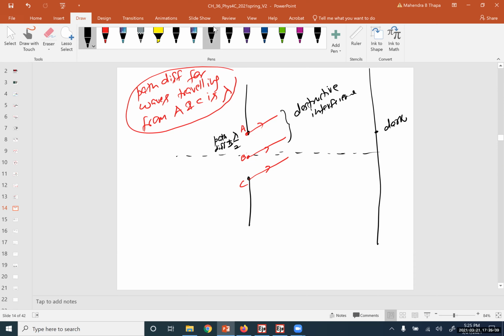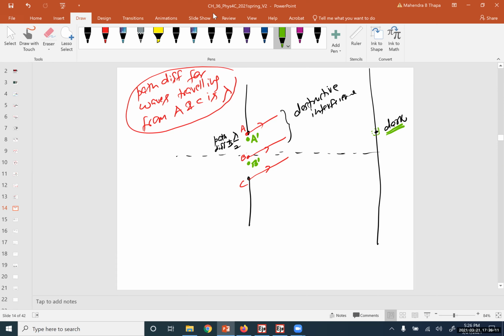Similarly, if we consider another point just below A, and another point below D, I will call them A prime and B prime. Again, they will interfere destructively, and the spot where they meet will be dark.